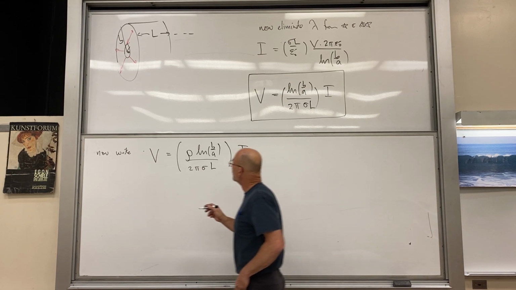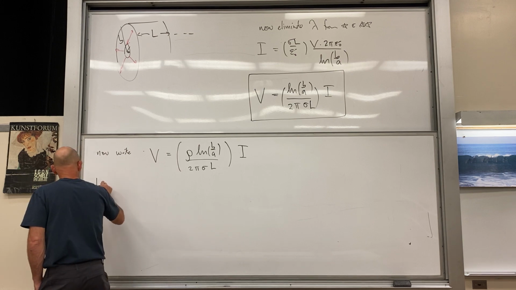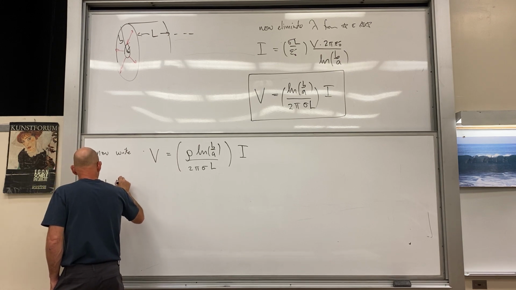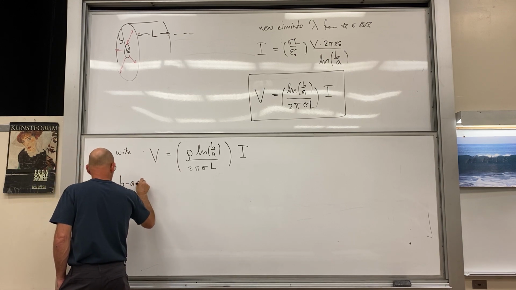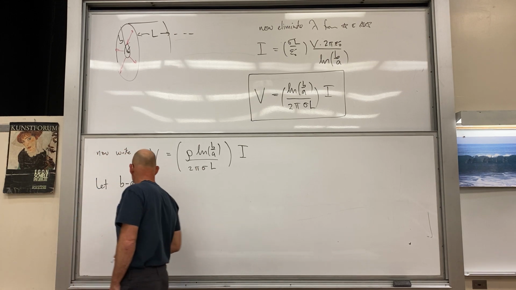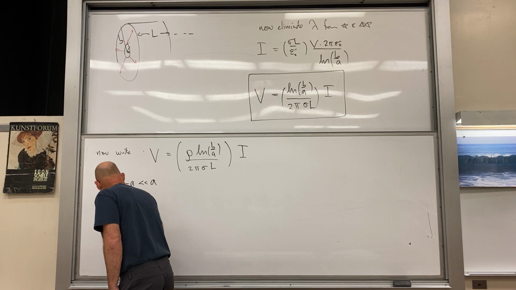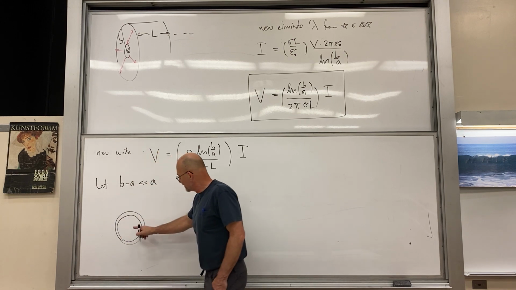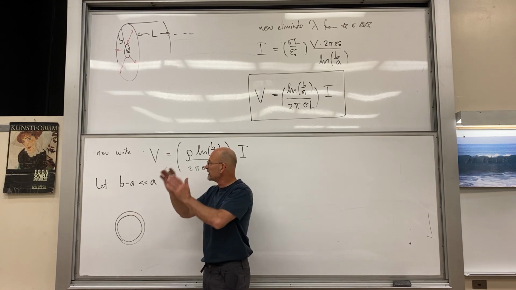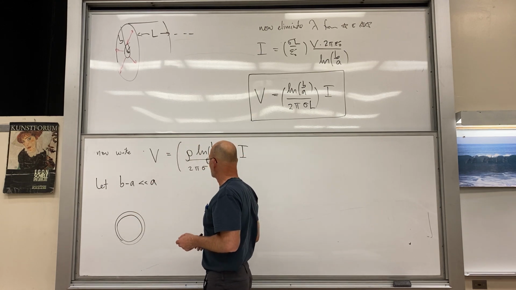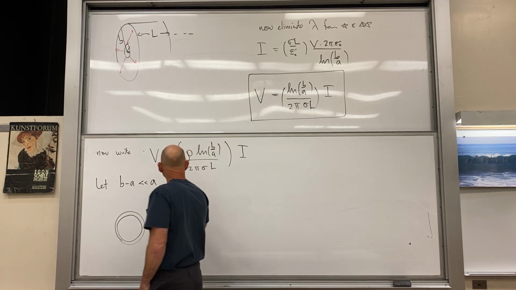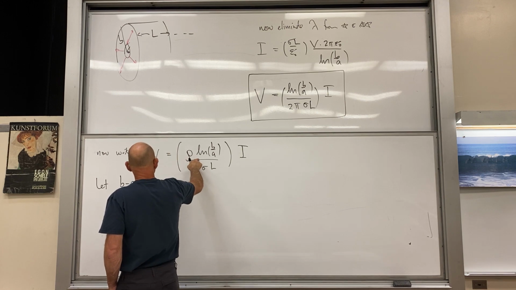In the limiting case we're going to do, let B minus A be much less than A, which means we're looking at something like this, a thin shell instead of the general case. Then we can do an interesting expansion.